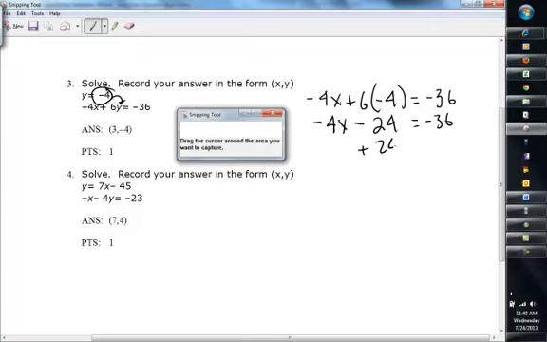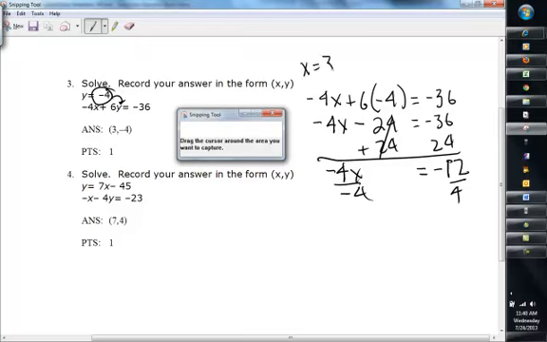Add 24 to both sides, and we get negative 4x equals negative 12. Divide both sides by negative 4. X equals 3, so y is negative 4.